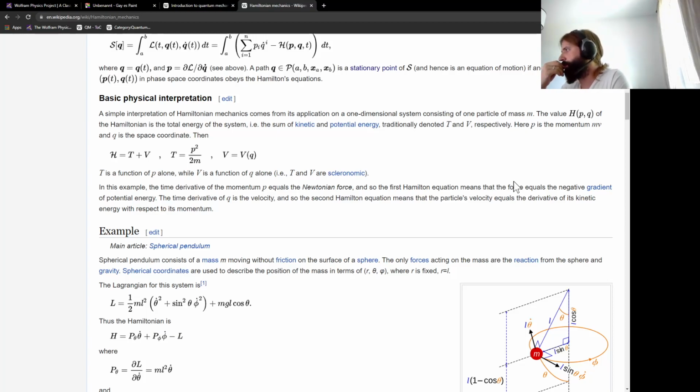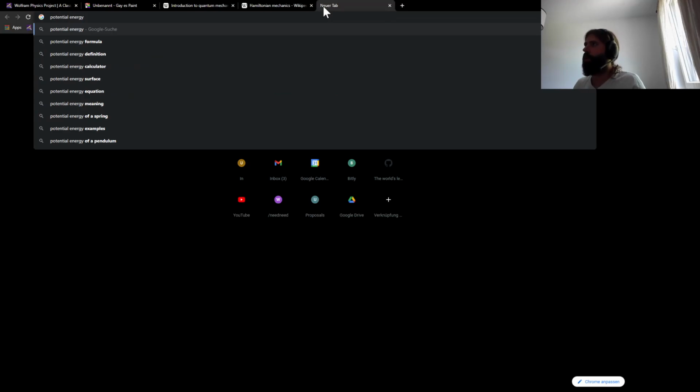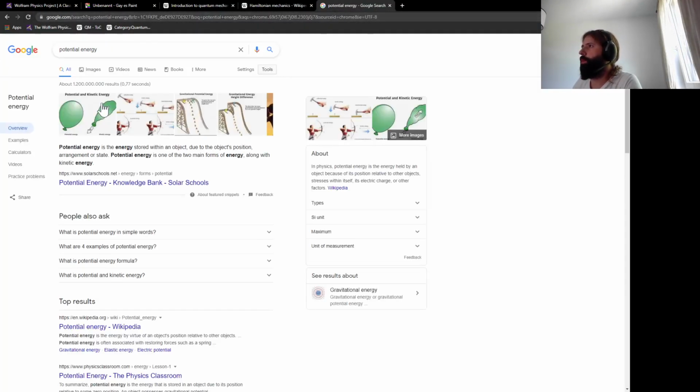So that seems to check, or at the intuitive level, right? I don't know what other ways to define potential energy, to be honest. Like, what are other ways to define potential energy?